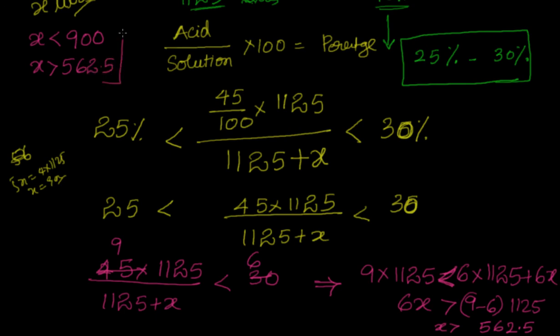So to maintain a percentage of 25 to 30% acid solution, you should add water greater than 562.5 liters and less than 900 liters.